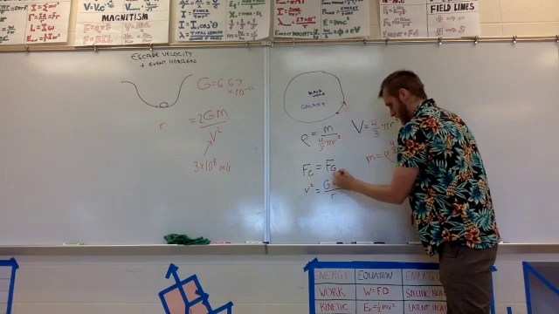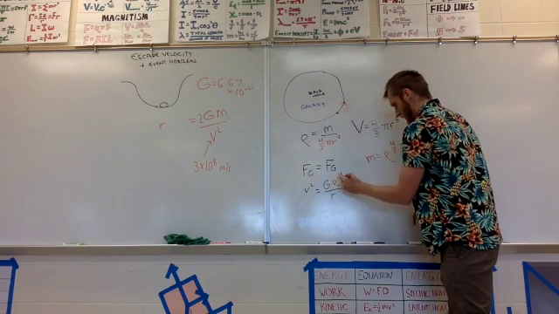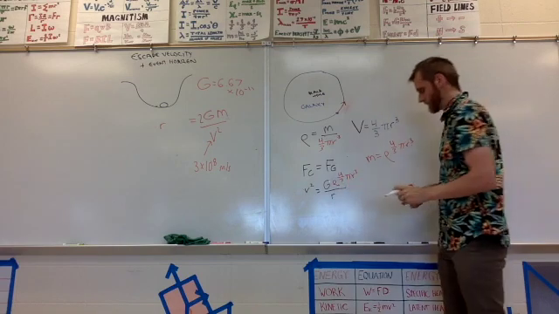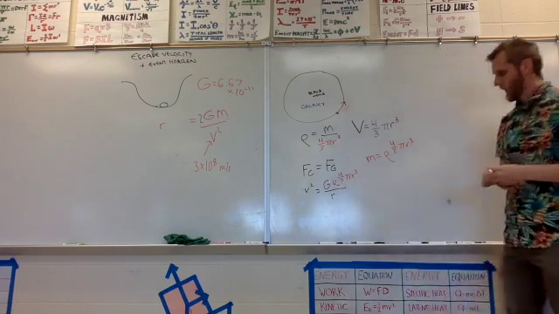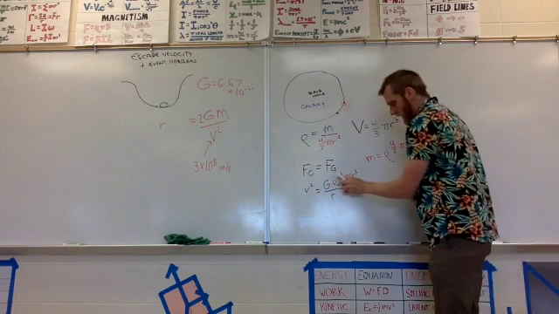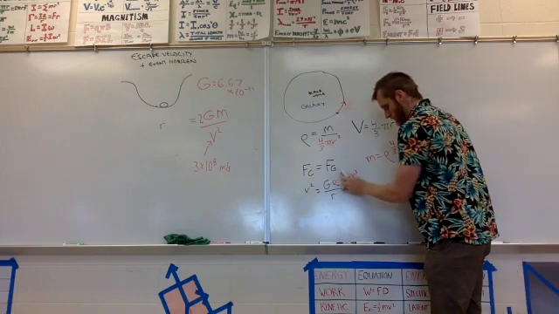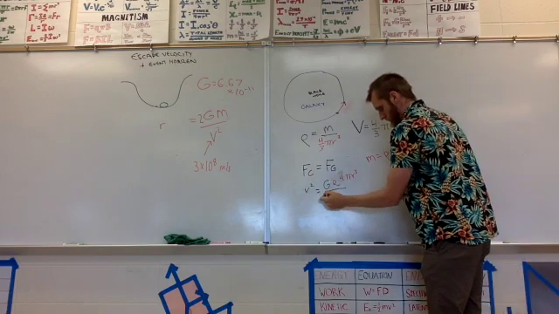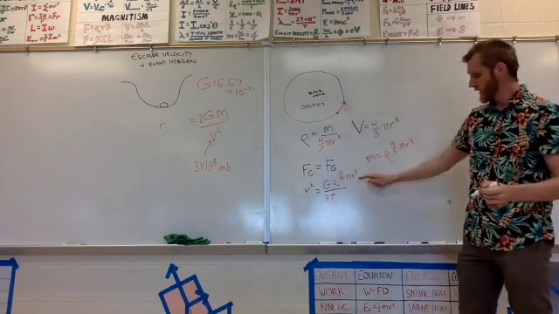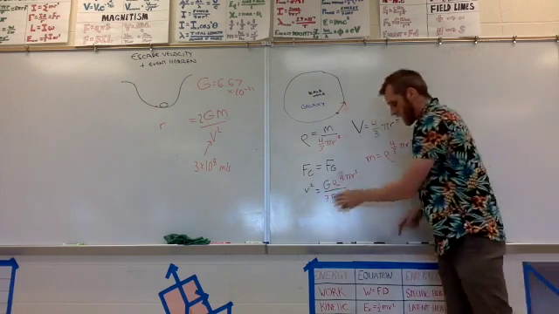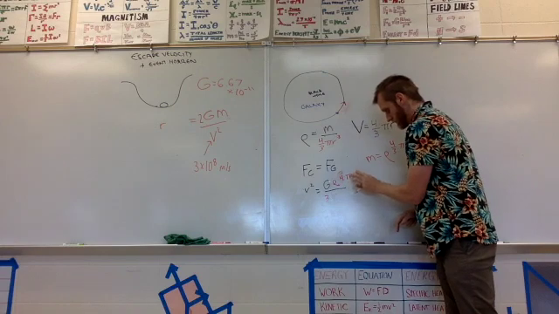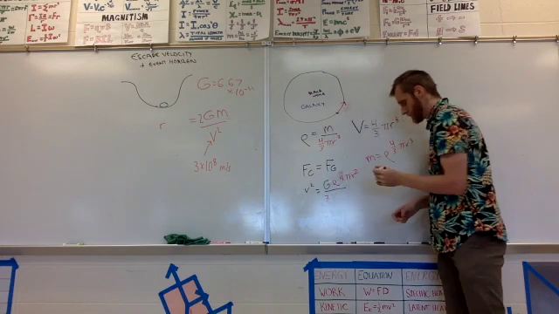And the 3 can go on the bottom. One of these r's cancels out, r cubed on top, r on the bottom. So it's r squared.